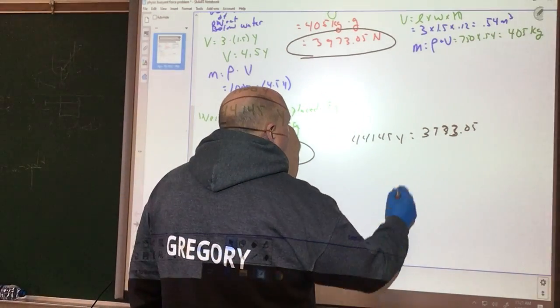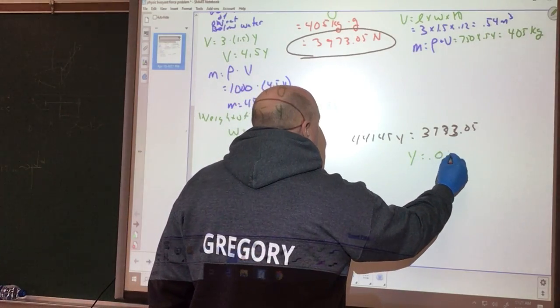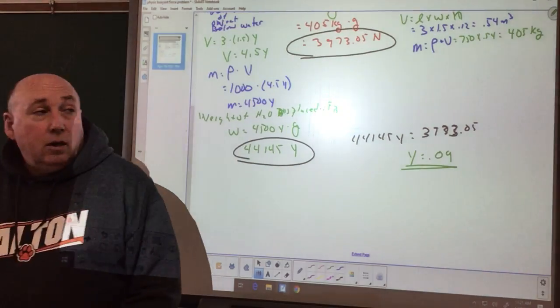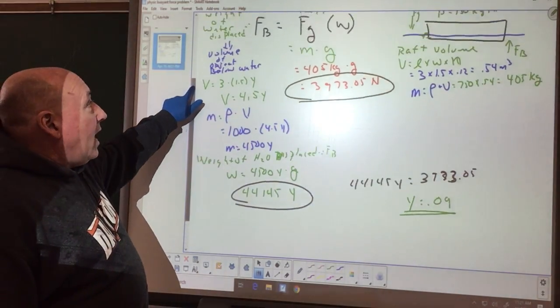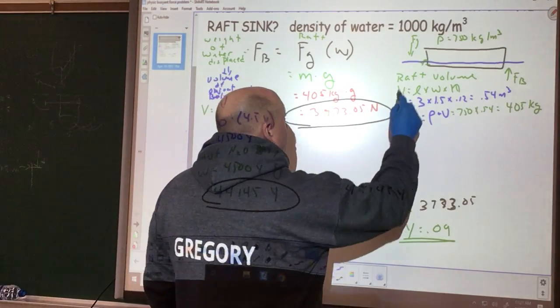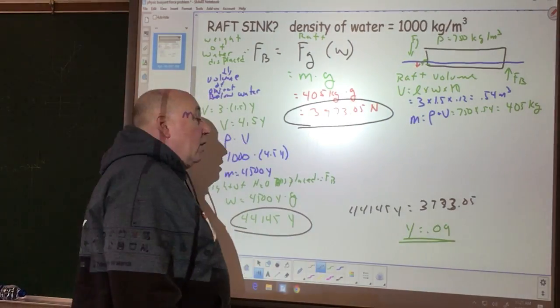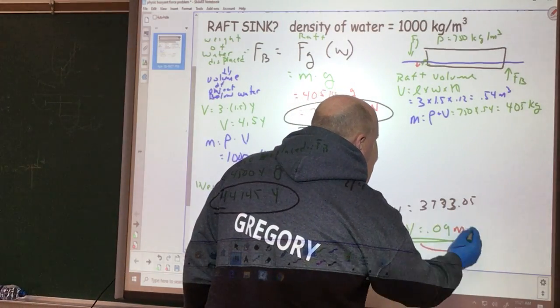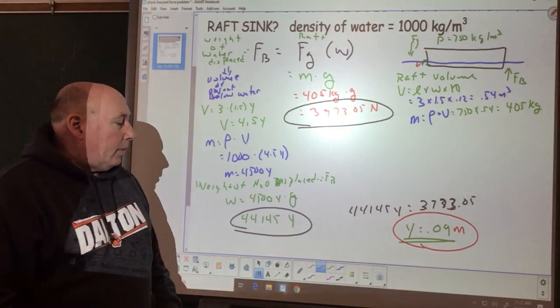We get a y value of 0.09. So if we take a look at our raft, the distance that it drops below the water is 0.09 meters.